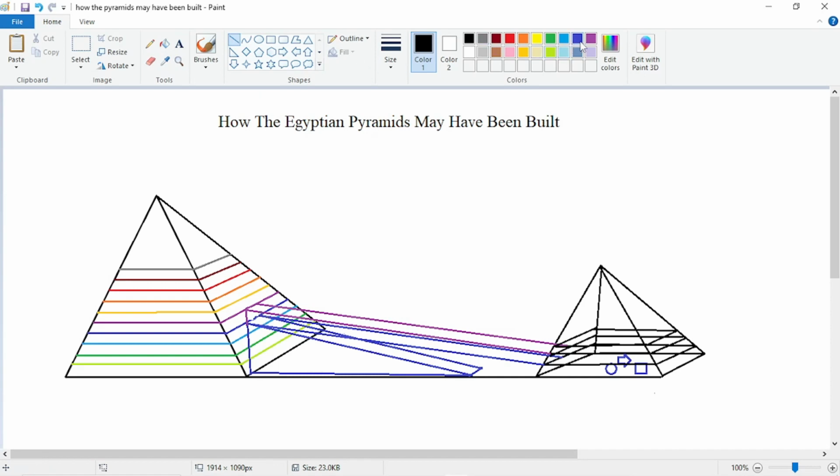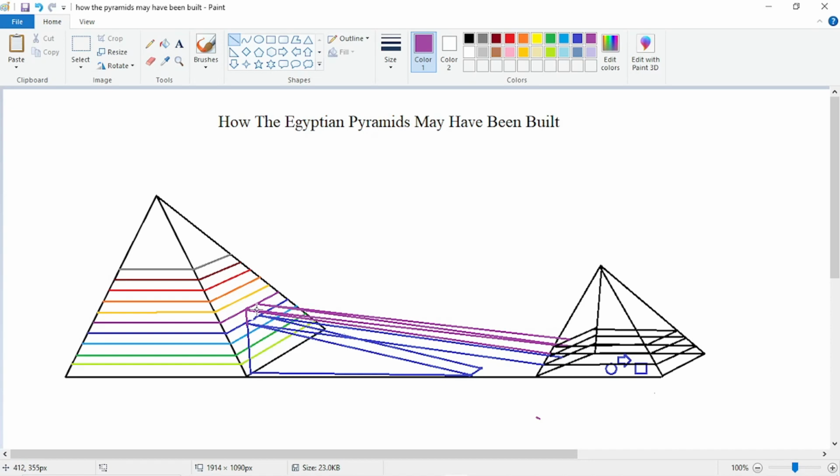So maybe if they didn't run out of stones already, they could just raise this ramp up to the next level up here, just the surface of it, so that they can get up to the next level. That would only mean raising this end of the ramp up one level of stone.